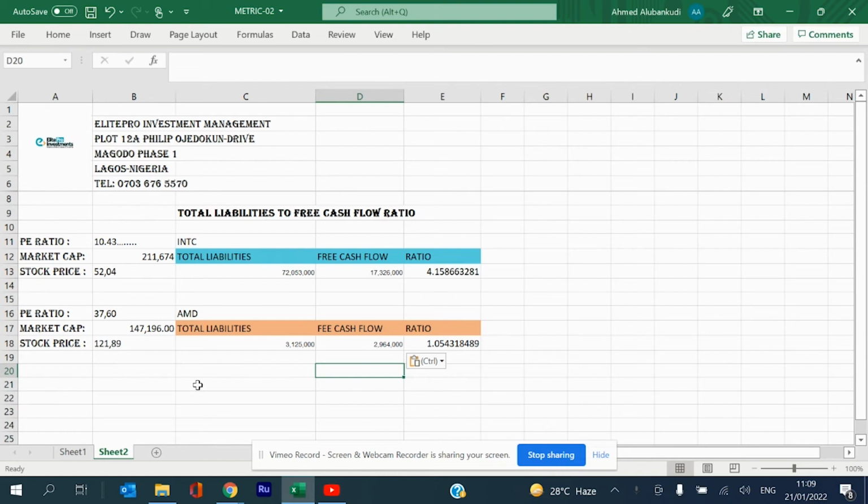Now let's go over this information again. The P/E ratio for Intel is 10. The market cap for Intel is 211 billion 674 million.